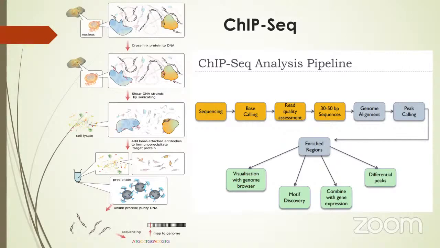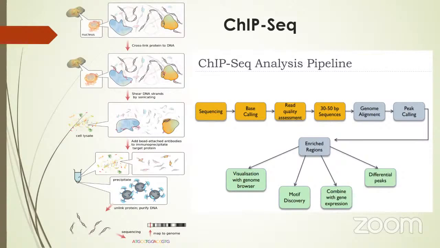So how does this process happen, at what region is capping happening, at what region is polyadenylation happening, where is splicing happening, what are the players of splicing, how is editing happening, how is RNA getting degraded, how is RNA getting transported from the nucleus to other organelles. These kind of things we can analyze through sequencing, because wherever there is a protein interacting with the RNA, we can go for it.